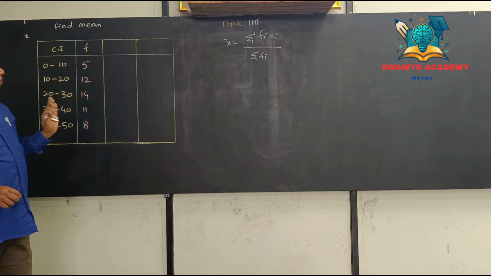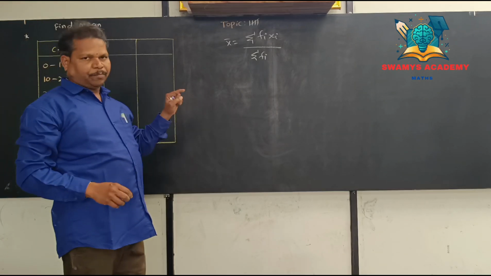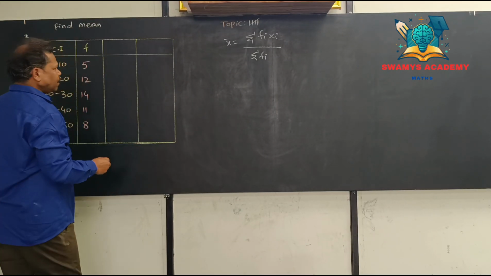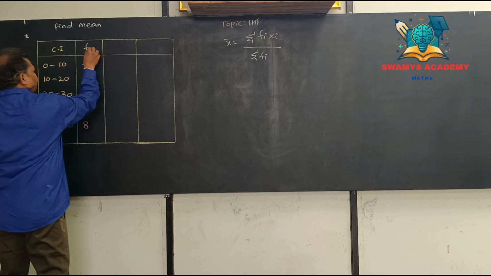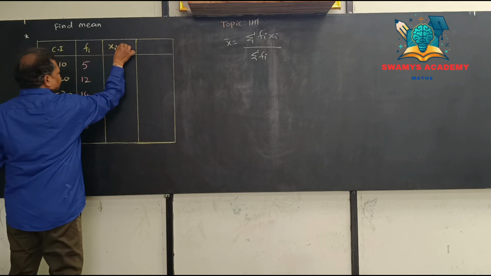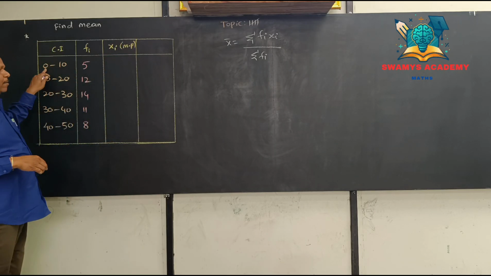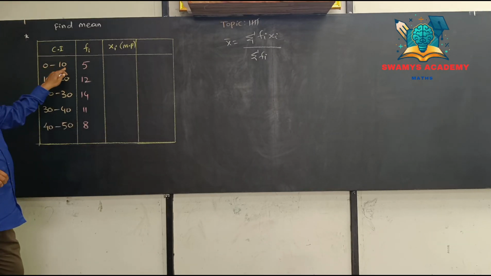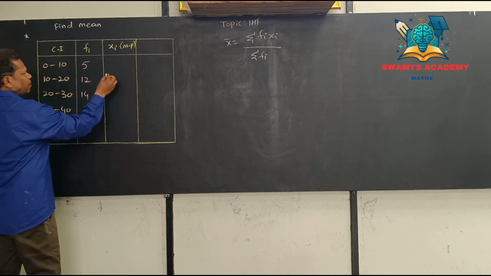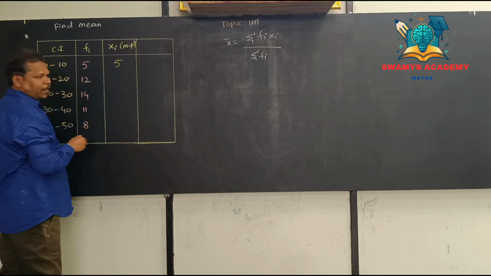So in this, we need to find the xi. What do we mean by xi here? The midpoint of the class interval. For the first class interval, 0 and 10: 0 plus 10, half, will be 5.